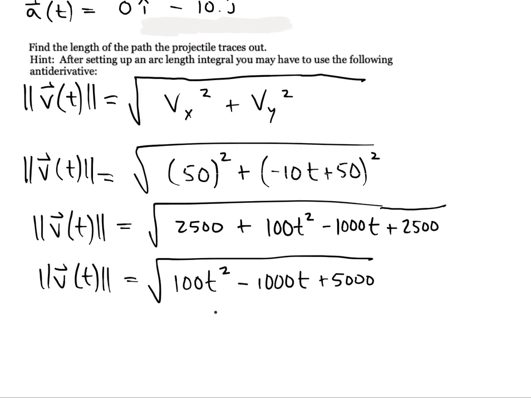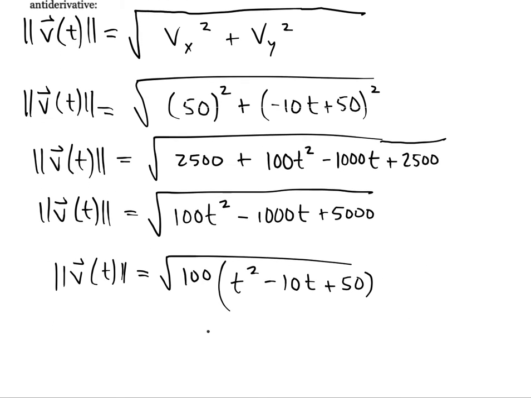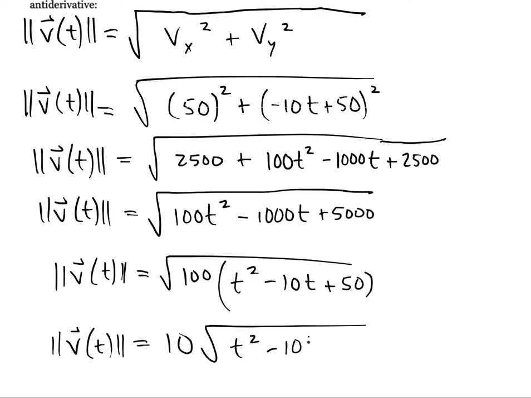I would like, if possible, to get the constant out of there, so I'd like to factor out the 100. And then we would get 10 square root of t squared minus 10t plus 50.